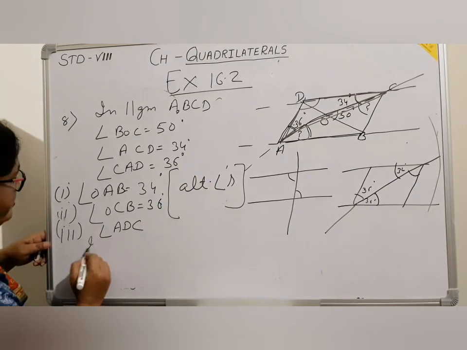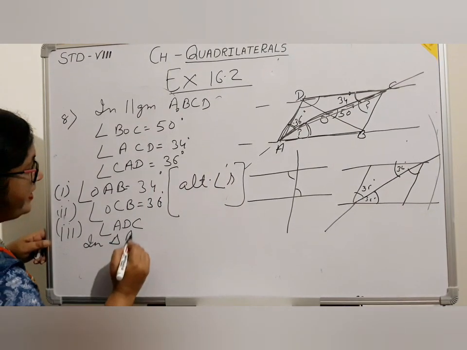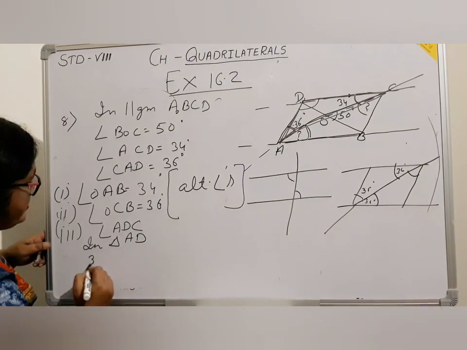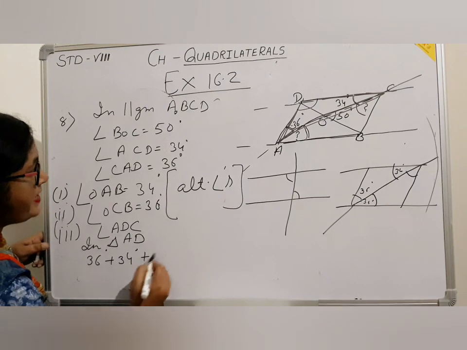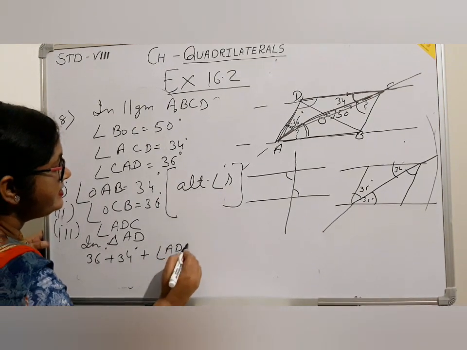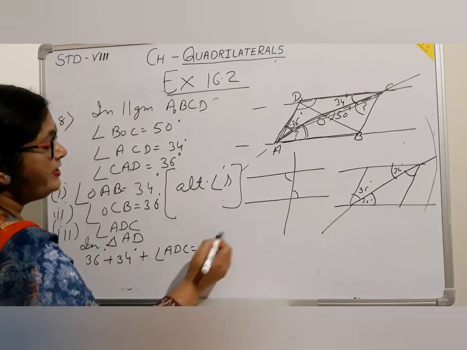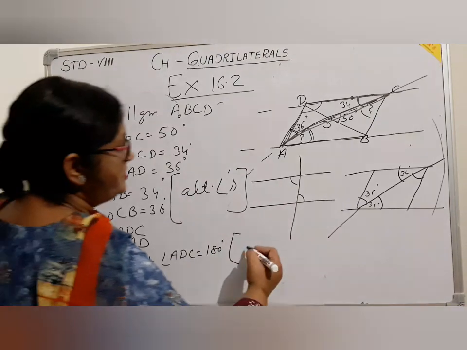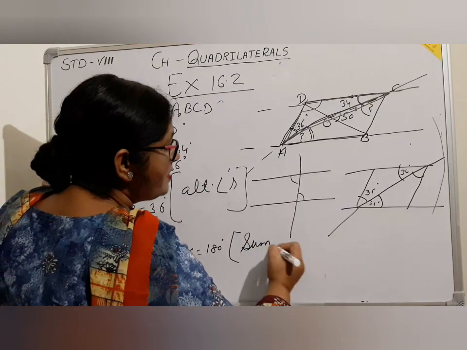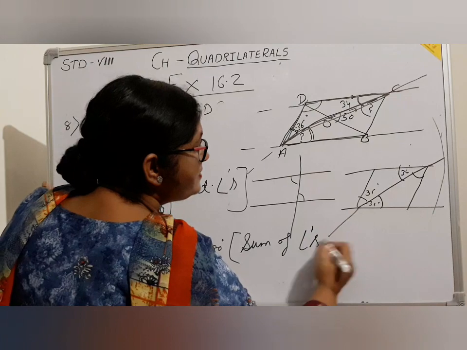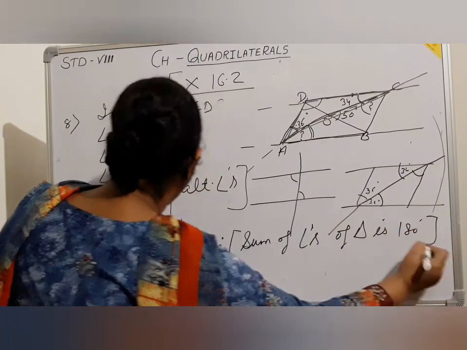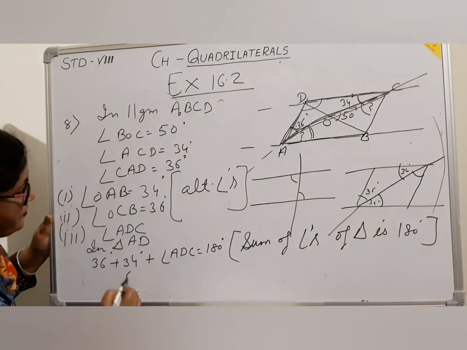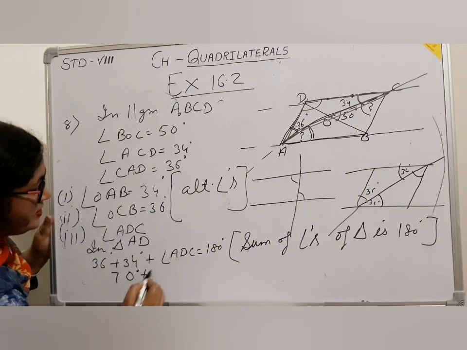In triangle ADC, 36 degree plus 34 degree plus angle ADC is equal to 180 degree, because the sum of angles of a triangle is 180 degree. 36 plus 34 is 70 degree.